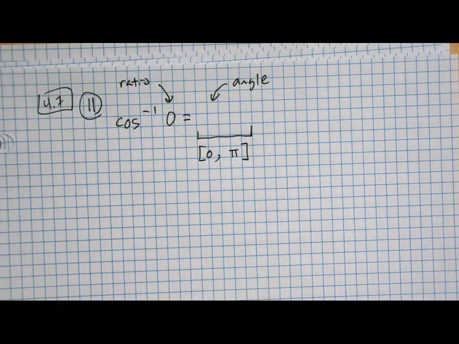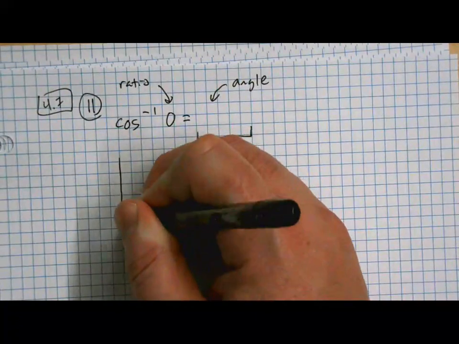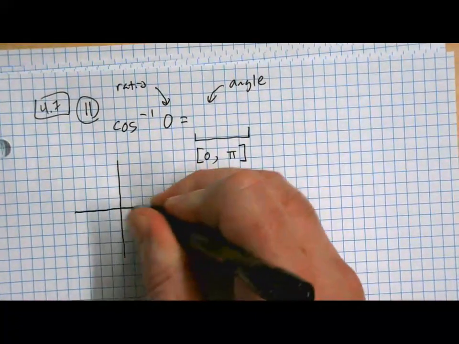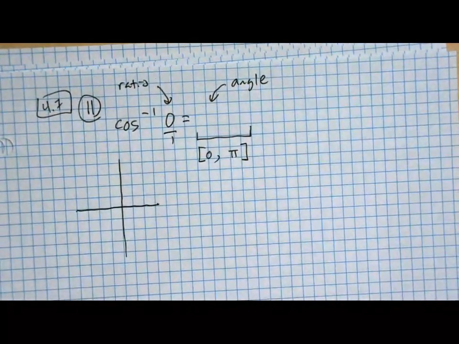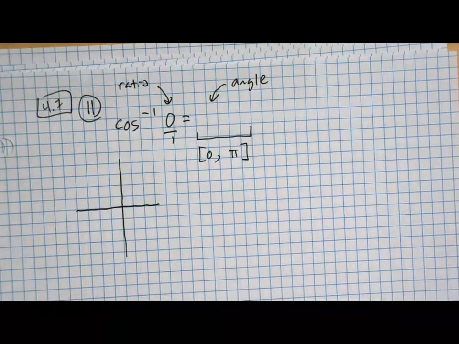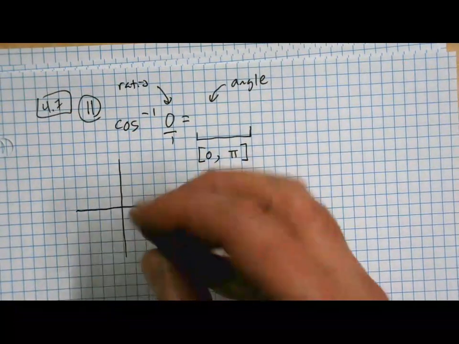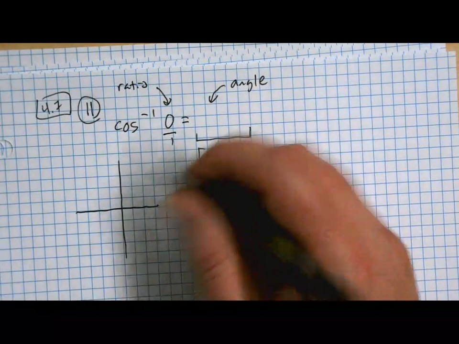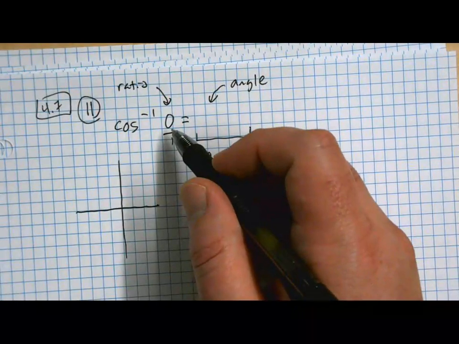Okay, so can I figure this out without a reference triangle? My issue is that I can't make a reference triangle with a side of 0. I can think about that as 0 over 1, but that would mean I need a side length of 0, and that just doesn't make sense. So because I can't make a reference triangle, we must be talking about one of our quadrantals.